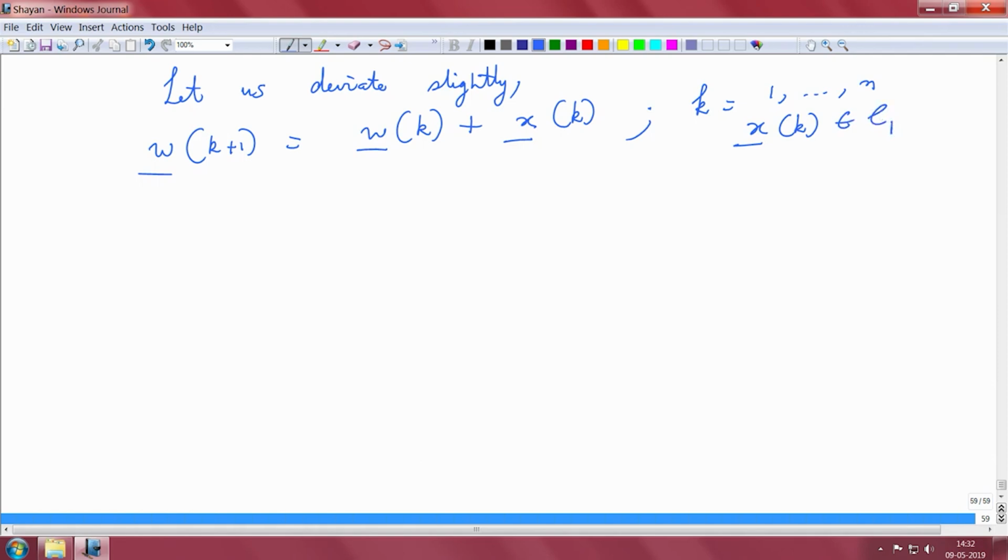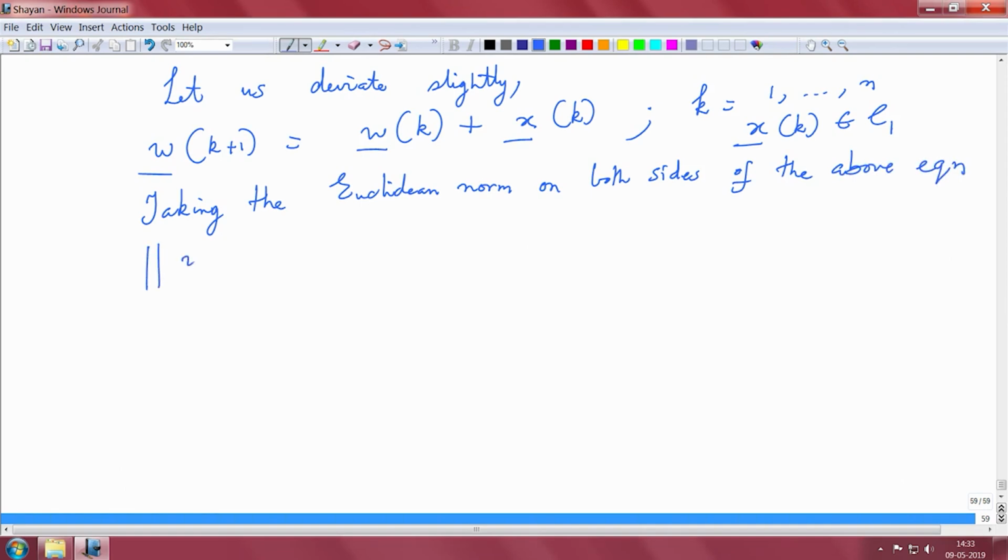Now, what we do is take the Euclidean norm on both sides of the above equation.